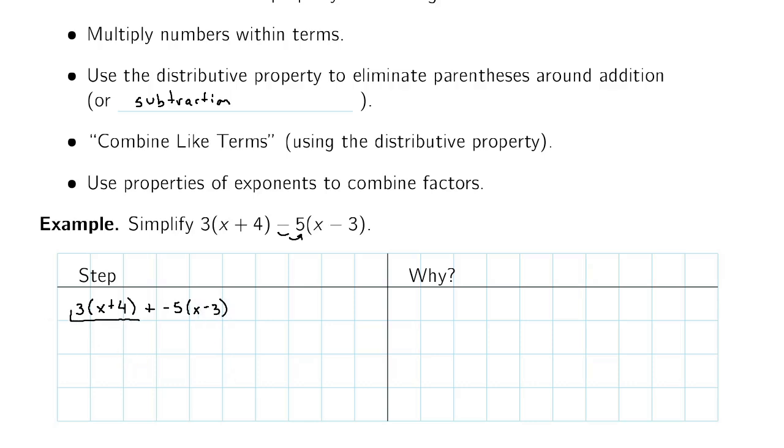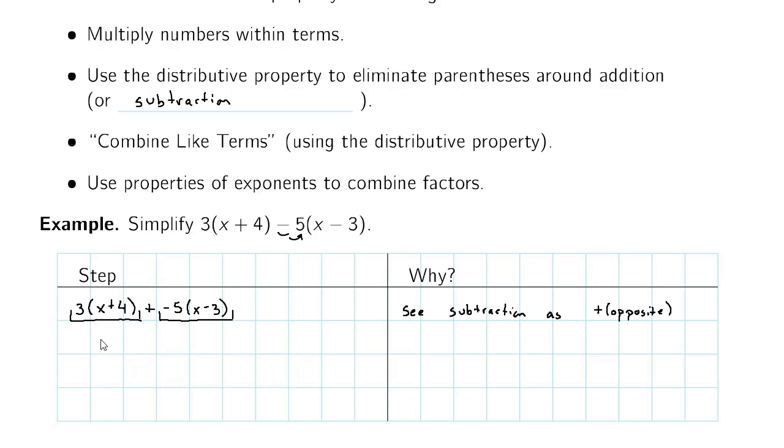Here we have one term, two terms, each of which contains parentheses. And I wanted to rewrite this as plus negative 5 so that I could clearly see that my subtraction was just representing adding the opposite.